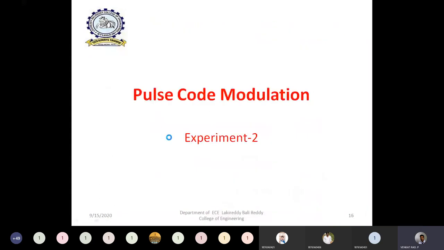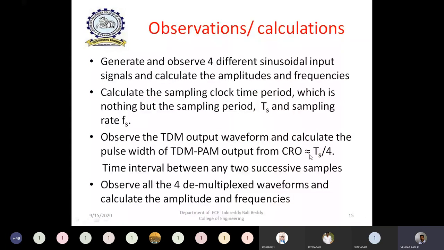Theoretically, that value is nearly equal to TS by 4, since we have 4 signals. Within the time duration of TS, all the 4 signals must be transmitted. That's why TS by 4 is the pulse width of the TDM output, or the time interval between 2 successive samples in the TDM output.